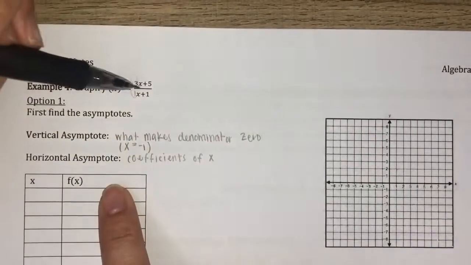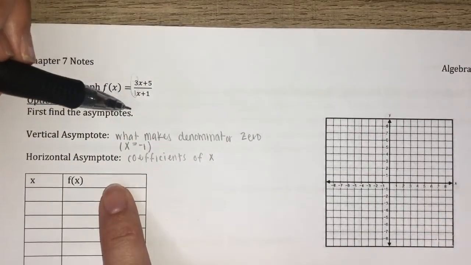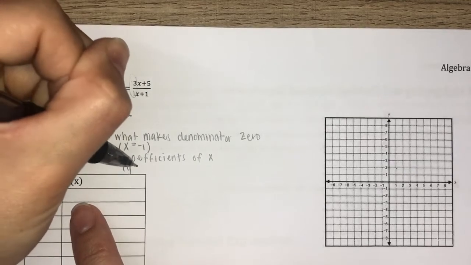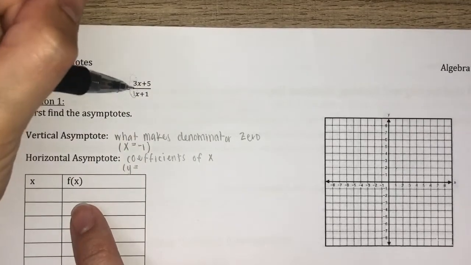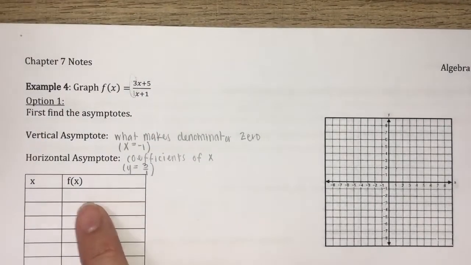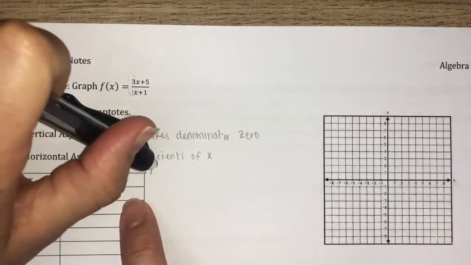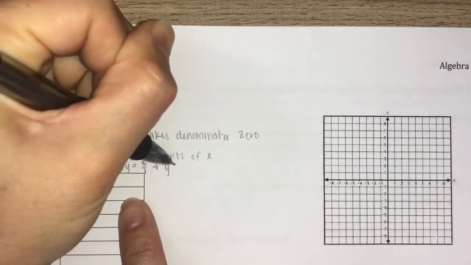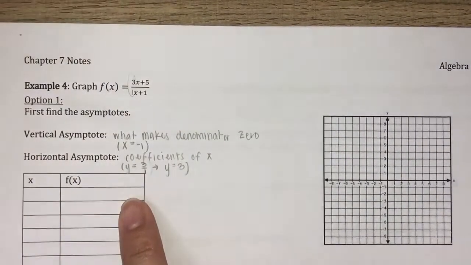And this only applies when we have an x in the numerator as well as in the denominator. So in this case, my horizontal asymptote would be y equals 3 over 1, which reduces just to 3. So y equals 3 would be my horizontal asymptote.